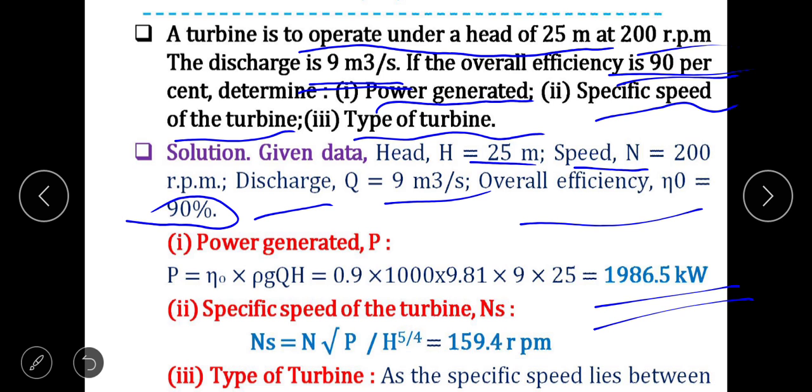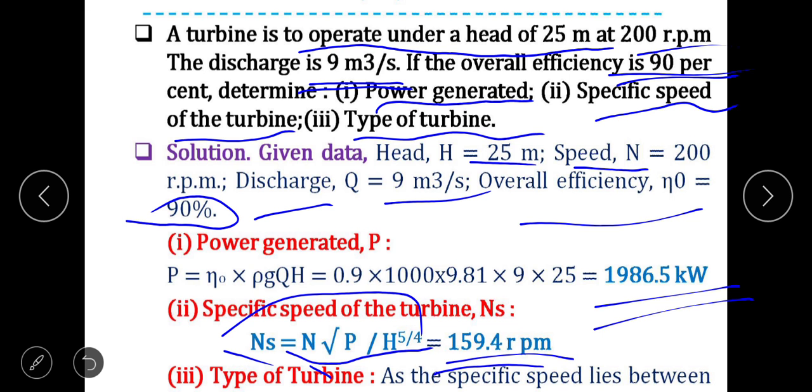Specific speed of the turbine Ns is given by N multiplied by root P divided by H to the power of 5 by 4. This formula you have to remember somehow, and you write the formula, substitute the values, you will get specific speed in rpm 159.4.